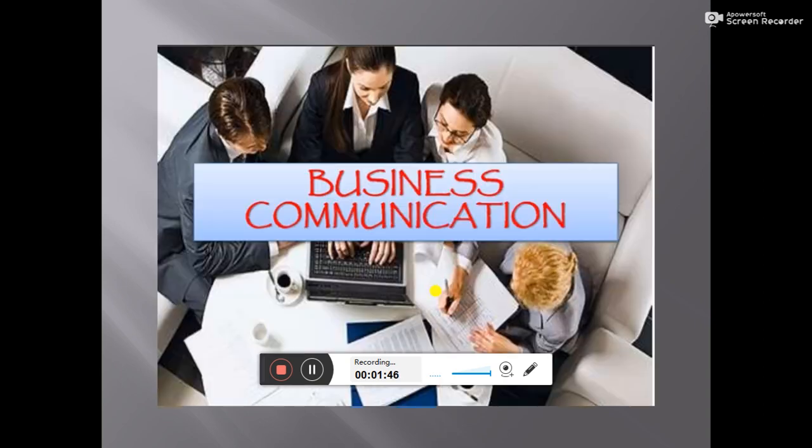Now, what is business communication? As in this picture, you can see that all the employees are sitting together and discussing issues with respect to business and the different tasks which are given to them, and they are exchanging their different views. Students, you all know that communication is a very vast topic.